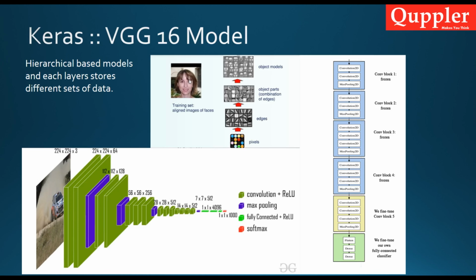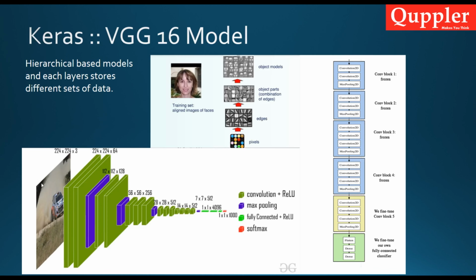Those kinds of object parts, the combination of edges, will be stored by some layers, and some layers will definitely be storing the object models. Let's say half of the face, your forehead, your half face from the left side, right side. All this, whatever they can derive as an object model from one image, some layer would be storing that.